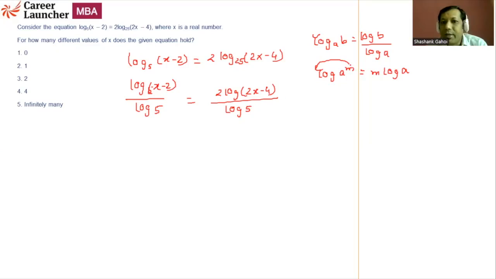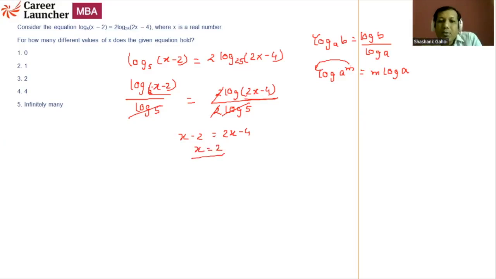So if 5 is squared, so m comes out to front. So 2 comes here, 2 gets cancelled out, log 5 gets cancelled out. So it means I can say x minus 2 should be equal to 2x minus 4. So if I'm going to put x minus 2 is equal to 2x minus 4, from here I'm going to get x is equal to 2.